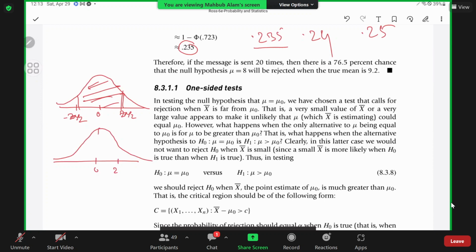This becomes the acceptance region, and this becomes the rejection region. In the lower case, the null hypothesis becomes mu greater than or equal to mu naught, and the alternate hypothesis, as the rejection region, will be mu less than mu naught. And everything remains the same.